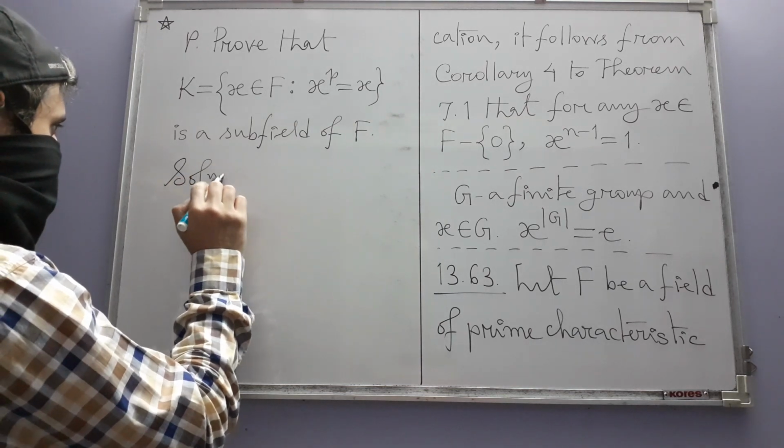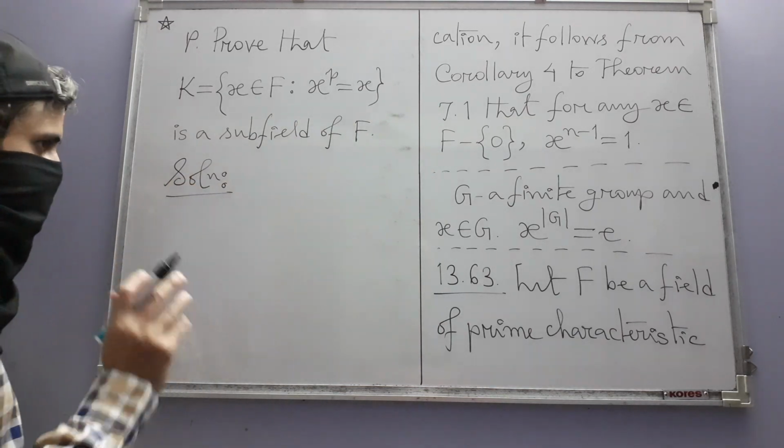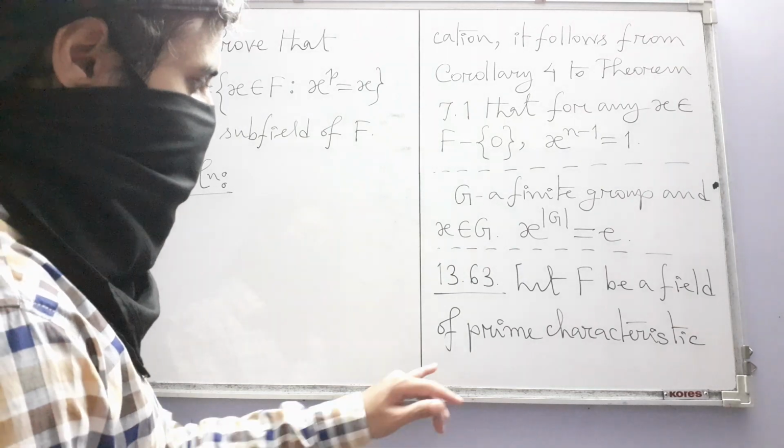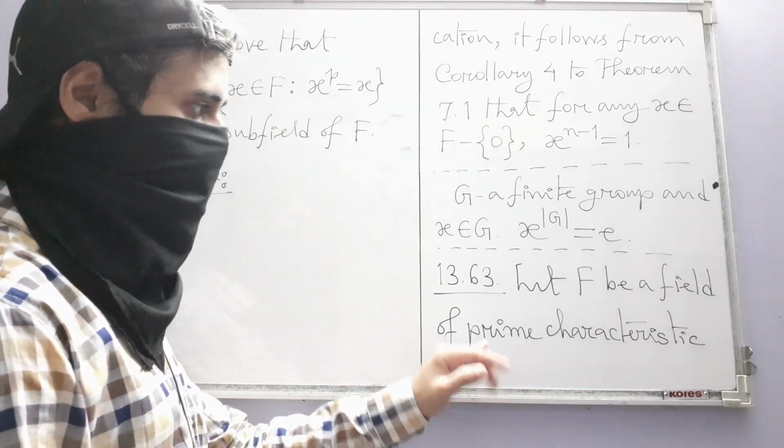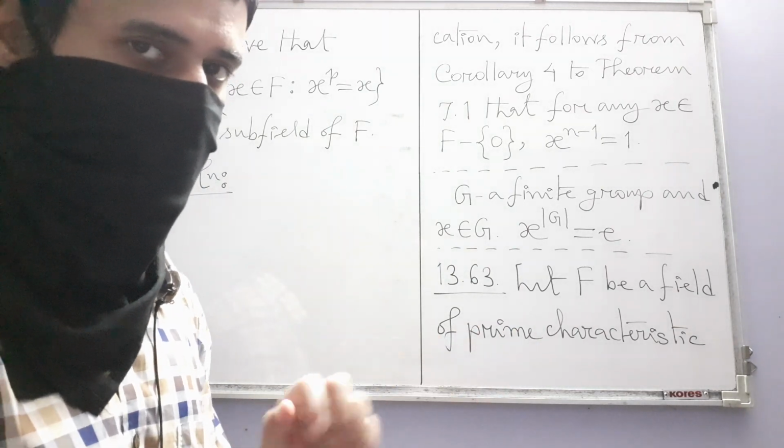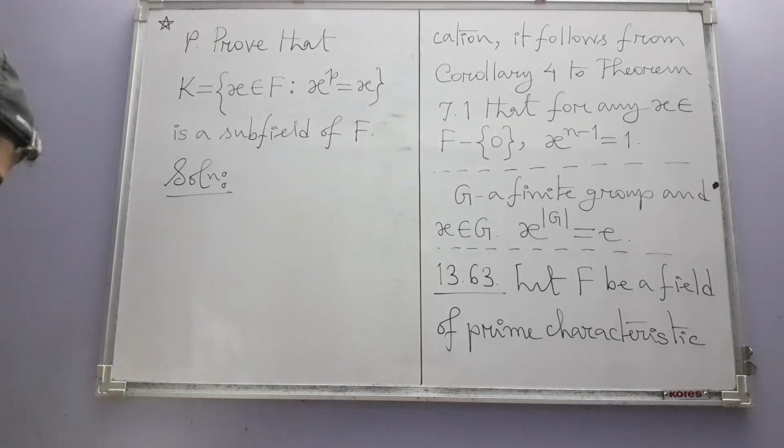But at the same time, we will also have to apply another result of an exercise which lets us say something about such fields of characteristic P, and that one is this.